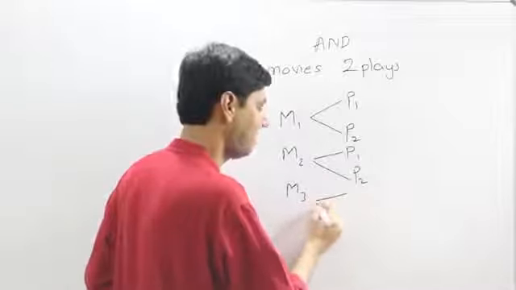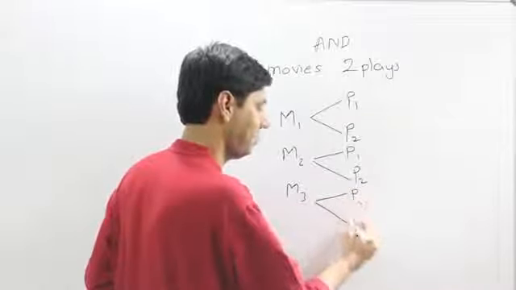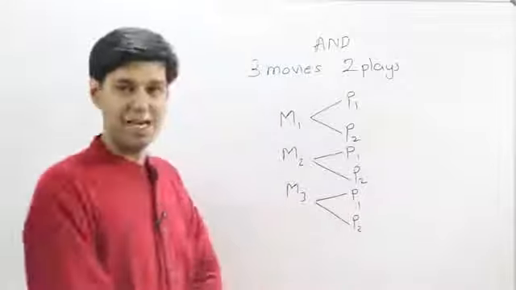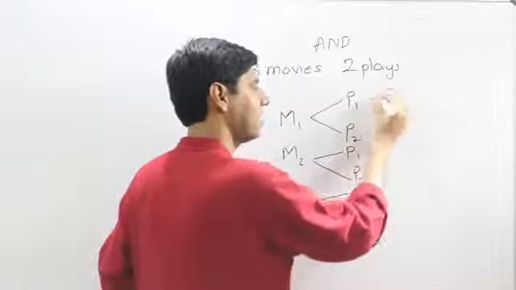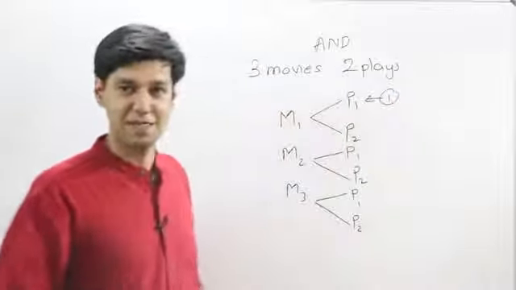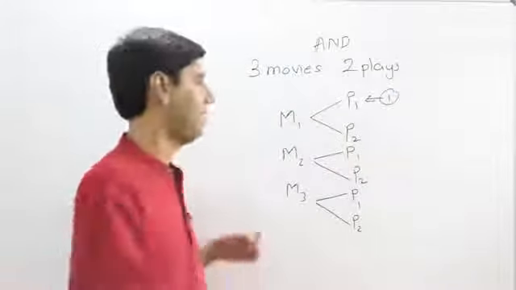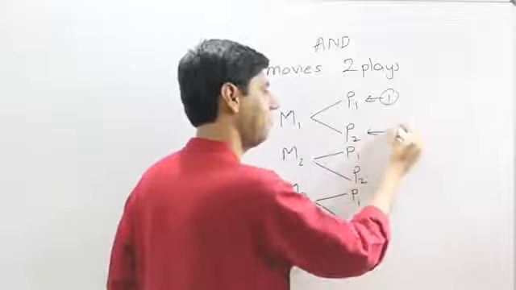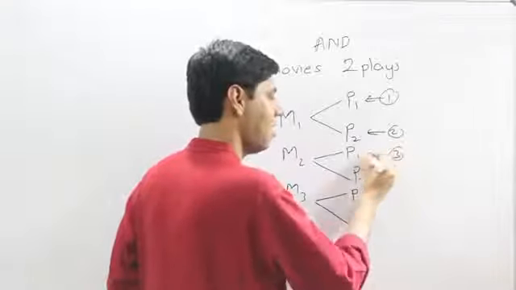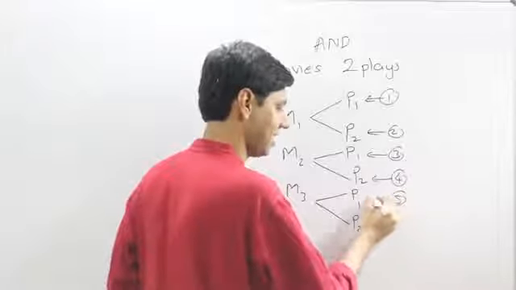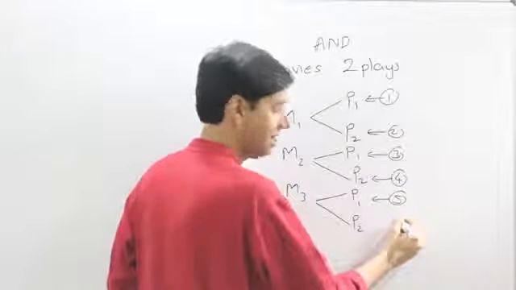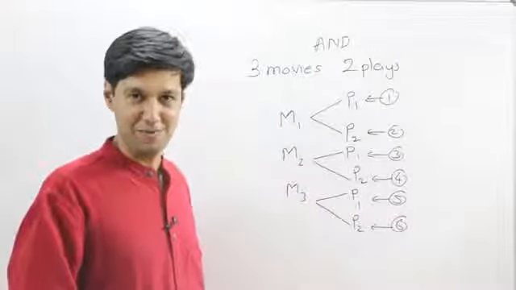Having watched movie 3, I could watch play 1 or play 2. So if this time I count the number of ways, this is the first way in which I could entertain myself, that is movie M1 and play 1, or a second way, third way, fourth way, fifth and 6th. So this time I have 6 different ways to entertain myself.